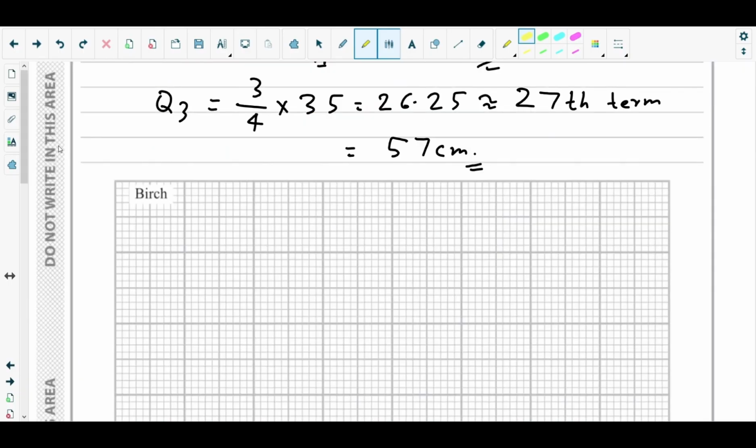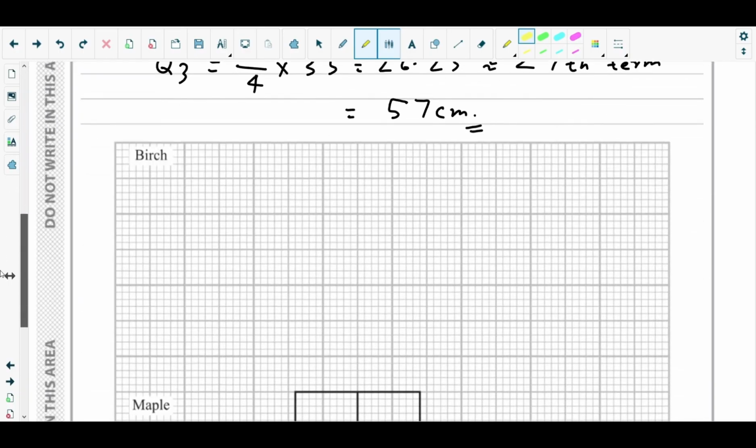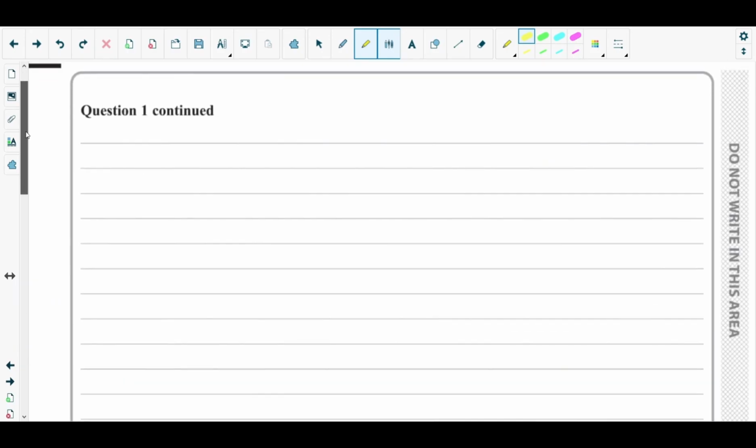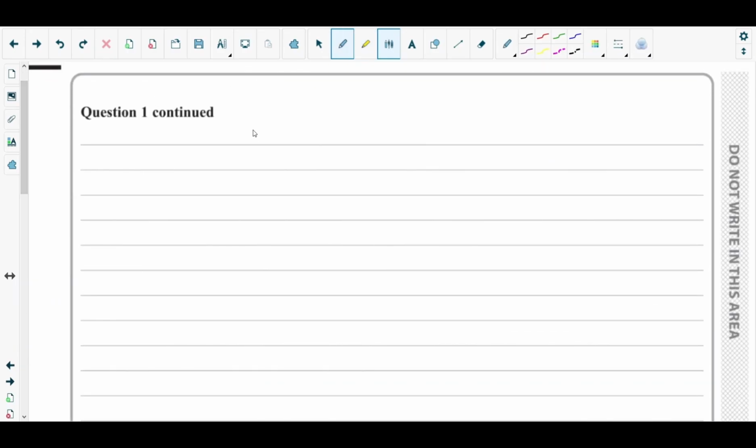So consider the lower limit at first. Lower limit would be what? Lower limit is Q1. What was Q1? It was 39, minus 1.5 times (Q3 minus Q1).